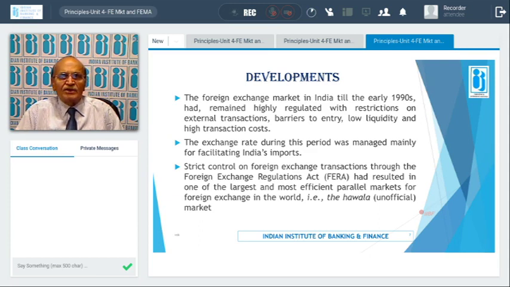The exchange rate during this period was managed mainly for facilitating India's imports. Strict control on foreign exchange transactions through the Foreign Exchange Regulation Act resulted in one of the largest and most efficient parallel markets, which is popularly known as the Hawala market.